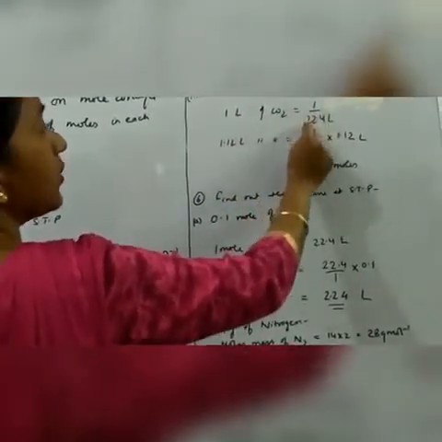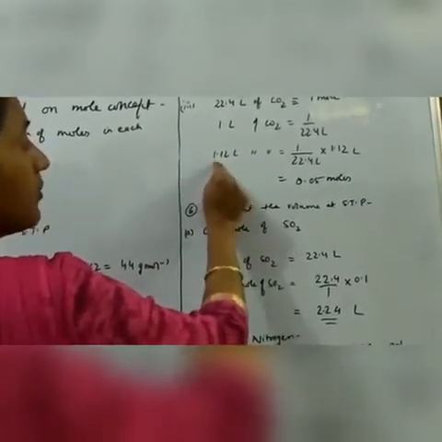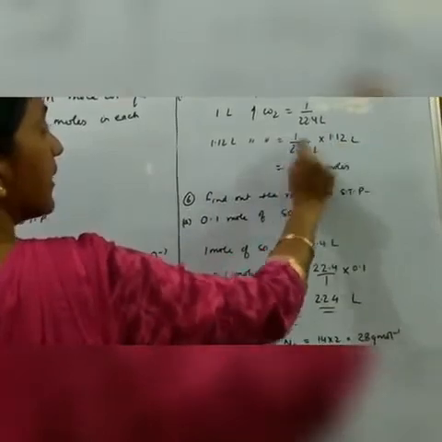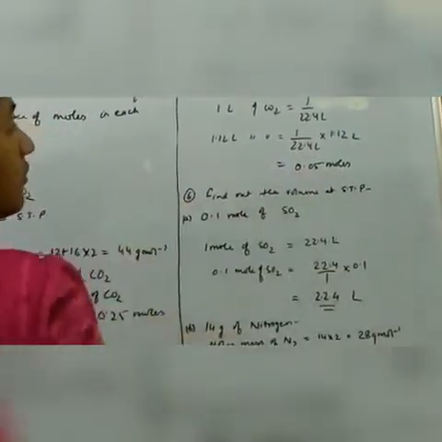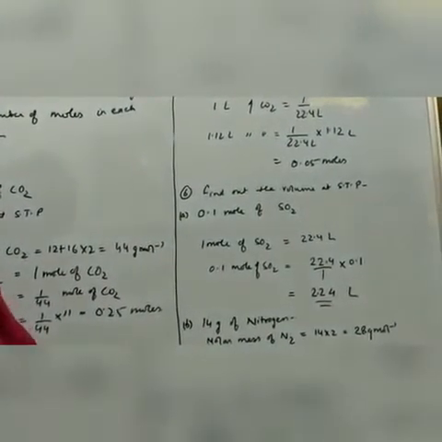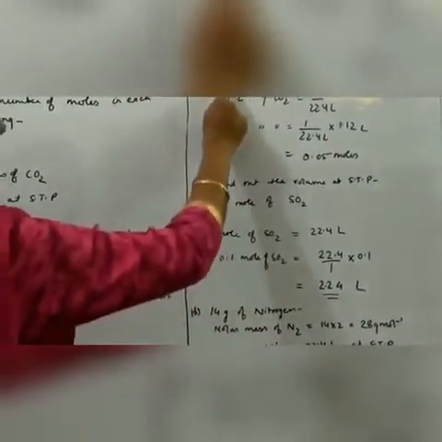It will be 1 upon 22.4, and for 1.12 liters you get 1.12 divided by 22.4, which comes to 0.05 moles.